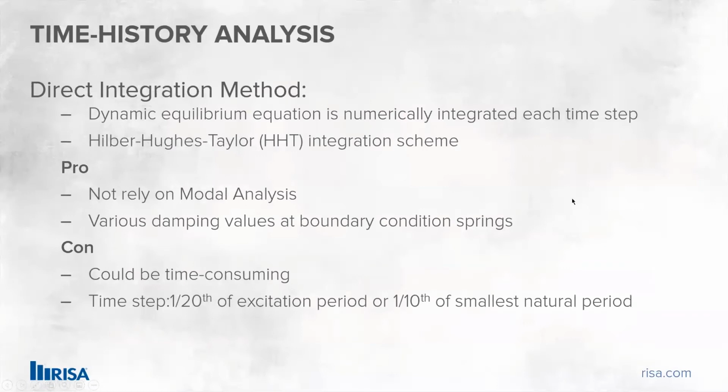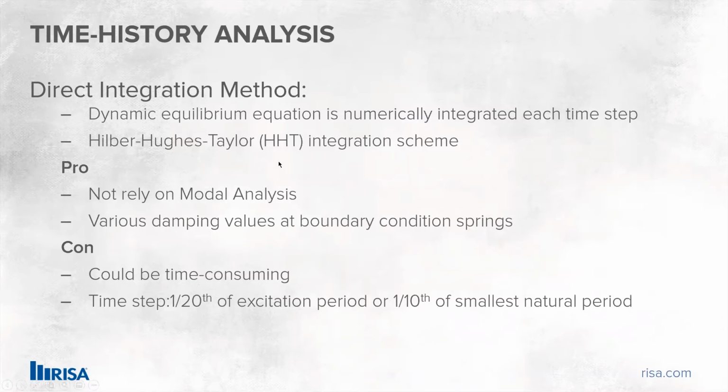Now, for solving the time history analysis, we have the direct integration method, which I think is very widely used. You basically solve the dynamic equilibrium equations directly by doing a numerical integration on each single step.